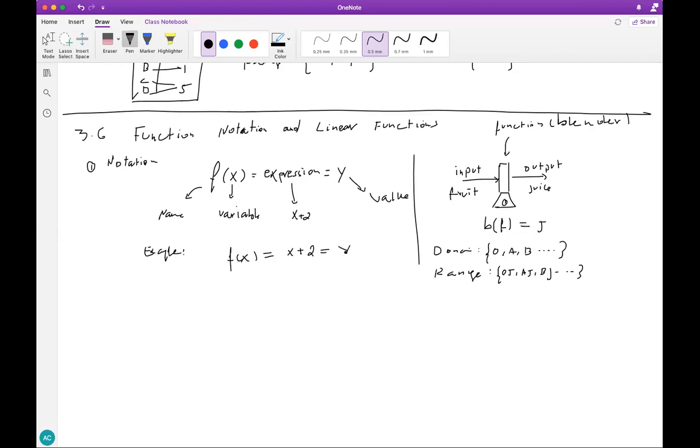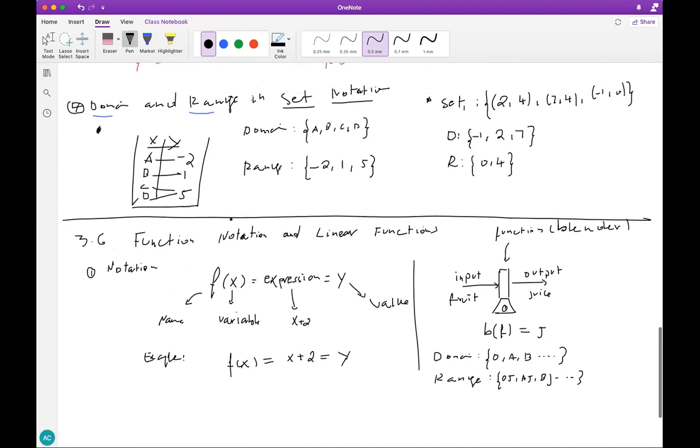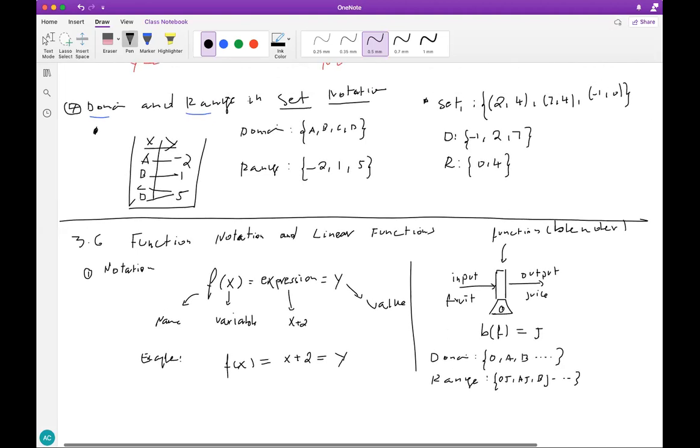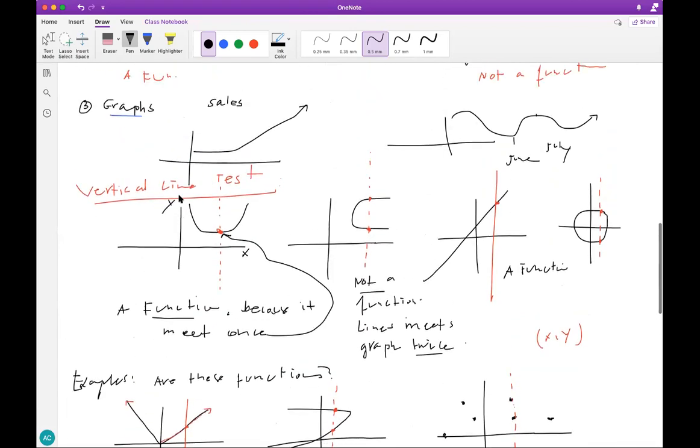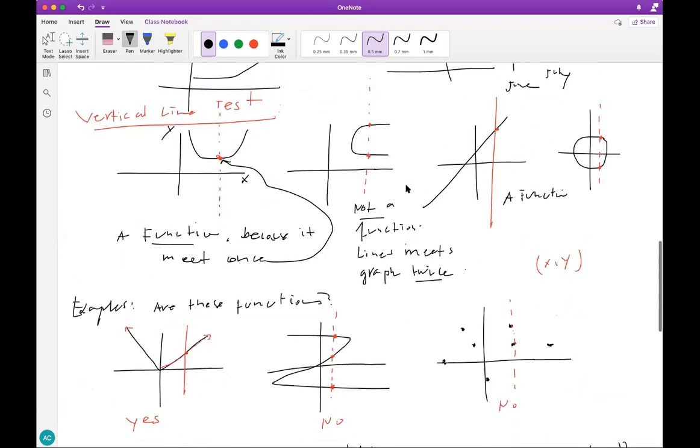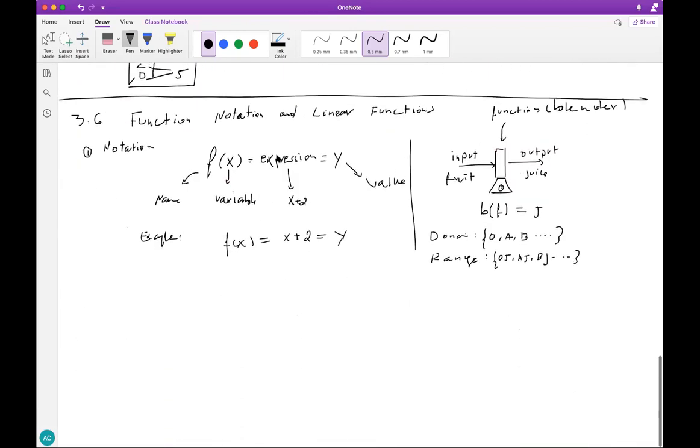That value is some value Y. So that's basically how we get these tables or graphs we talked about, or these set notations. So we got them from a formula, from a function. They're not random, they're related. We got them based on specific formulas.